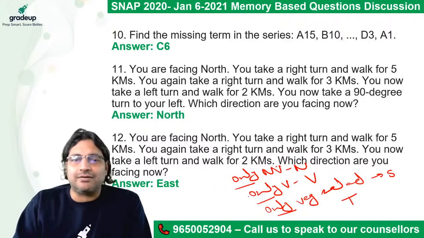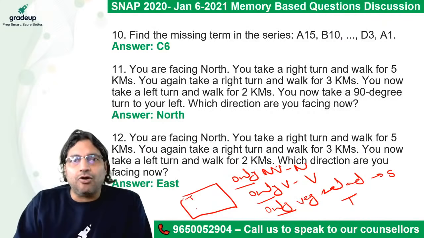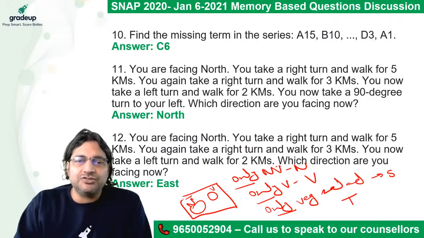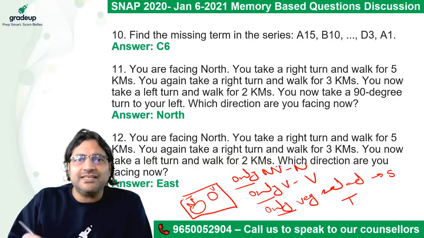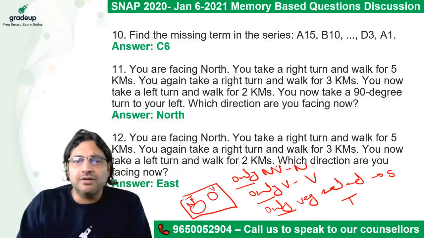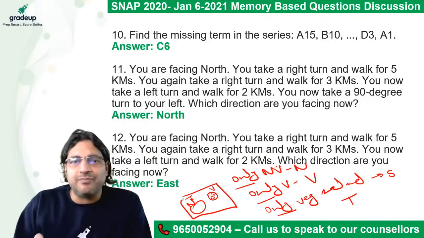Absolutely no doubt about that. If this is the total, of course, only non-veg and only veg would be disjoint sets. But only veg salad, even if that is only veg salad, is very much a subset of vegetarian food. Which is why we put S here, and I still stand by this.